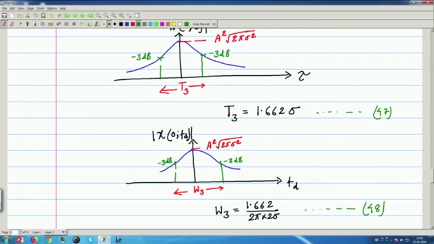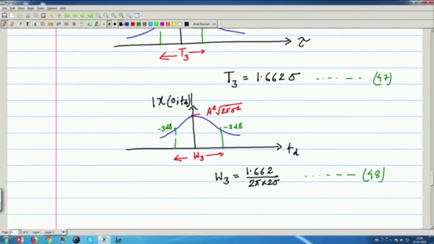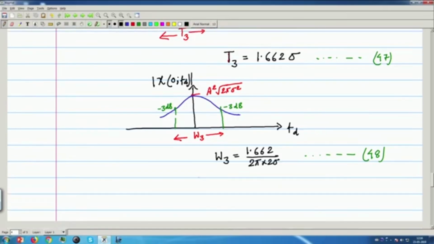And so again, if we take the cut in the two dimensional picture of this, that means if I have a tau versus FD picture, and if I take a 3 dB cut there, then again I will have an ellipse sort of thing.